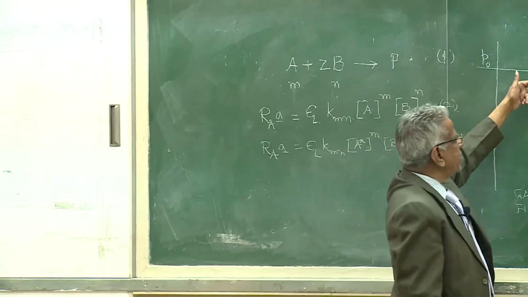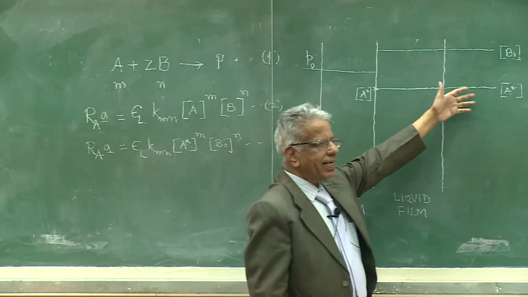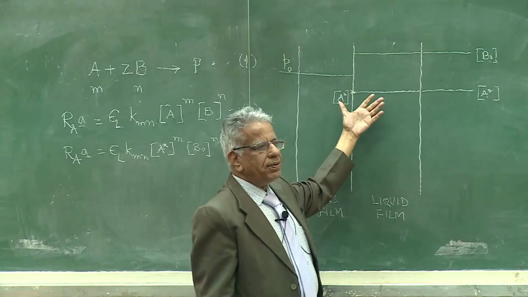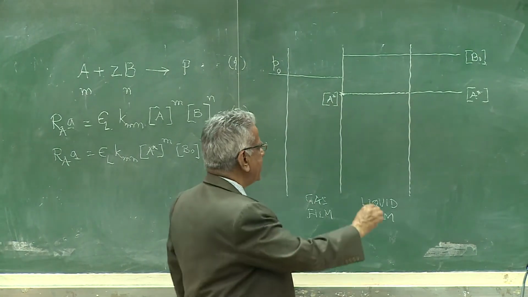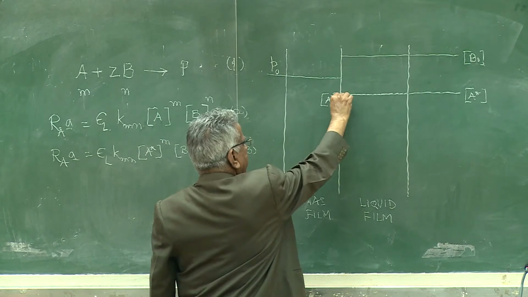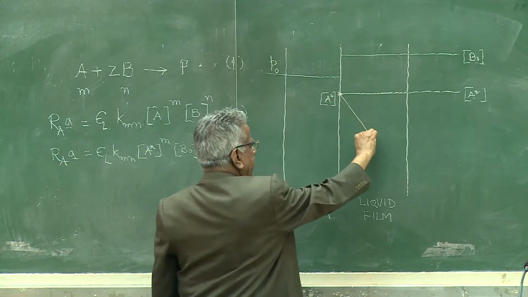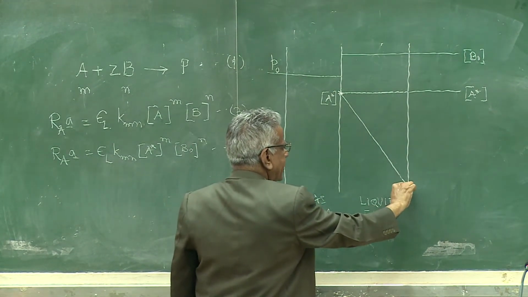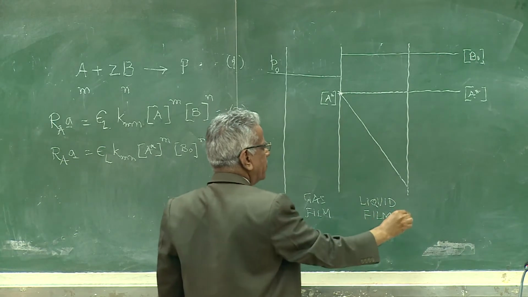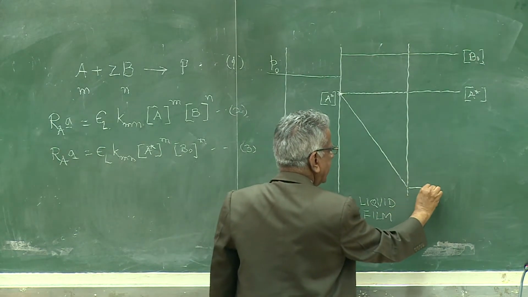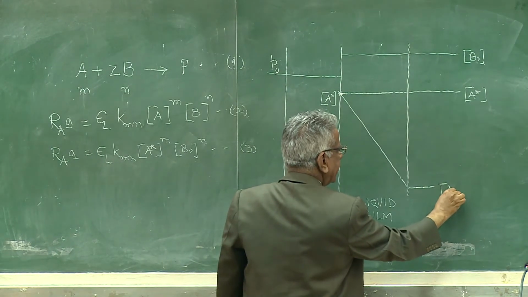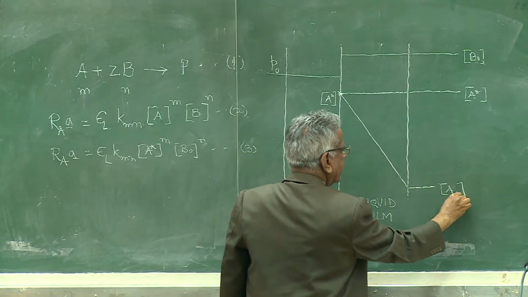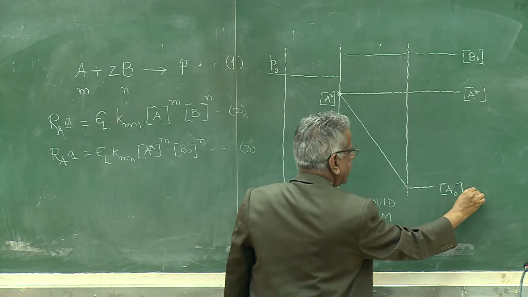This concentration profile is flat, meaning there is no resistance in the liquid film, whereas at the other extreme there is so much resistance in the liquid phase that the other end concentration, A naught, in the liquid phase is practically 0.